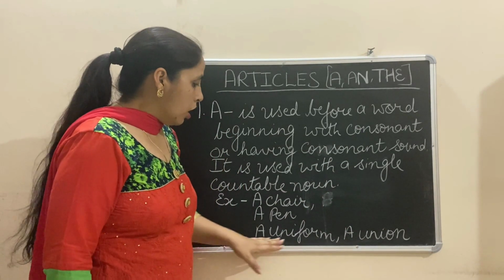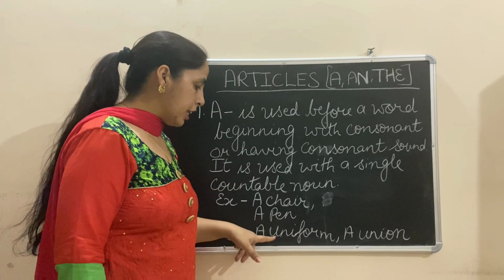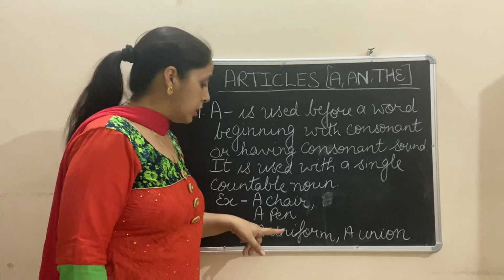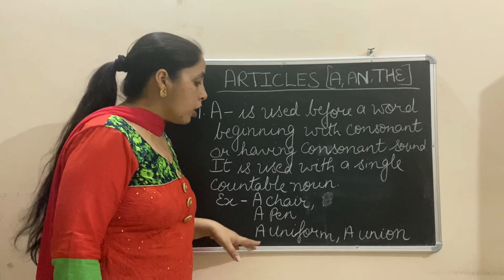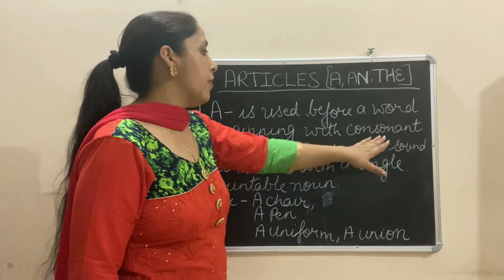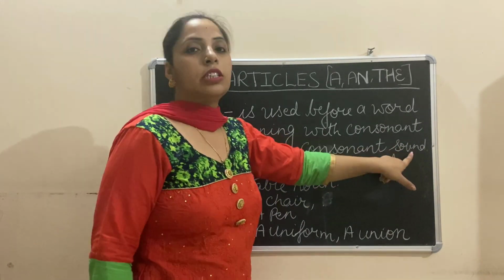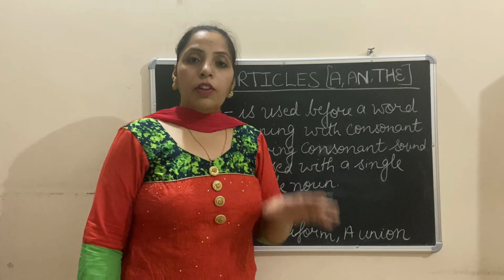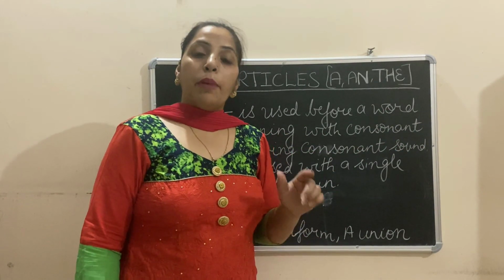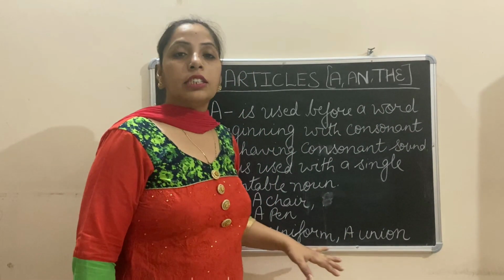Now, a uniform. Have you noticed this? This is starting with a vowel, but still we are writing a because, as already told, it should begin with a consonant or have a consonant sound. A word may begin with a vowel but have a consonant sound. Here the uniform has a ya sound.